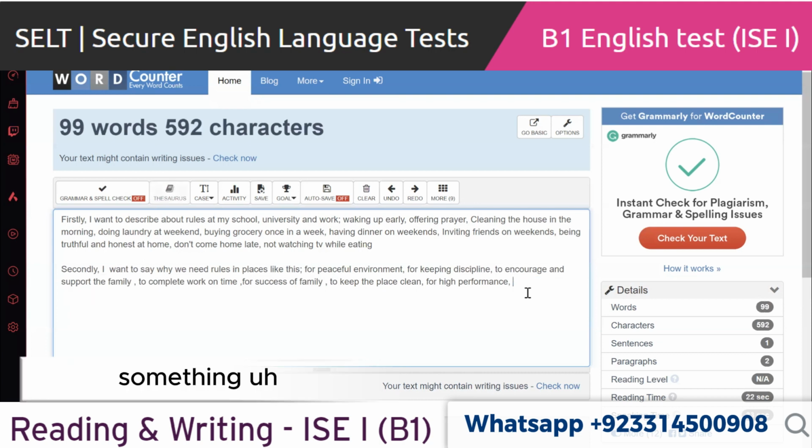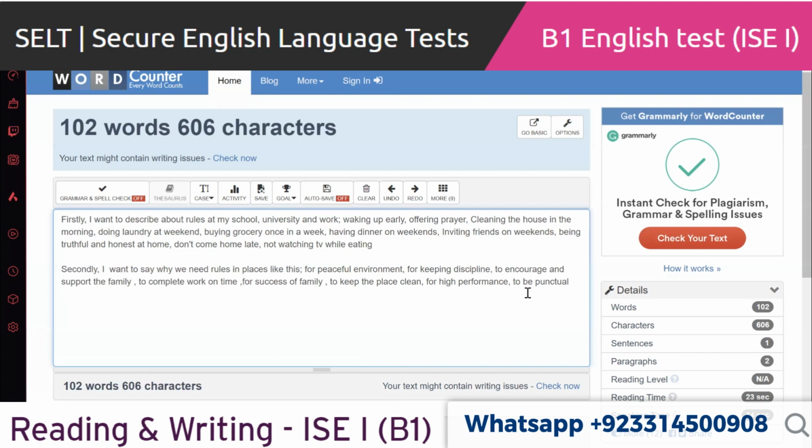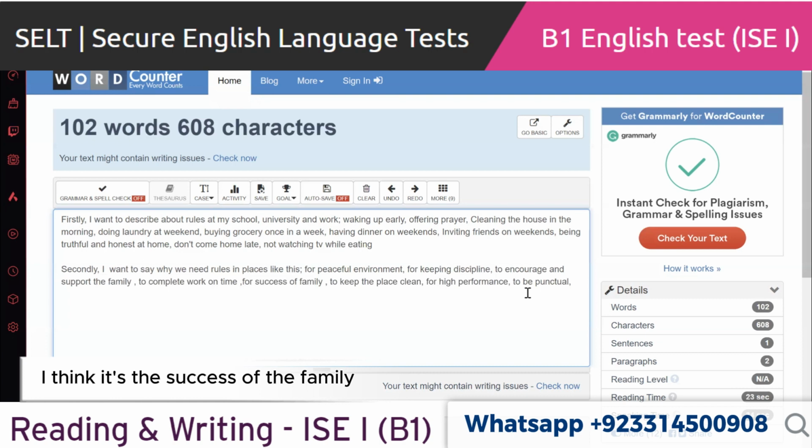And then you also told me something: to be punctual. For being loved for each other. Success of the family is still fine. To be punctual at home, for other things, because you're sending your husband to work and your child to school.